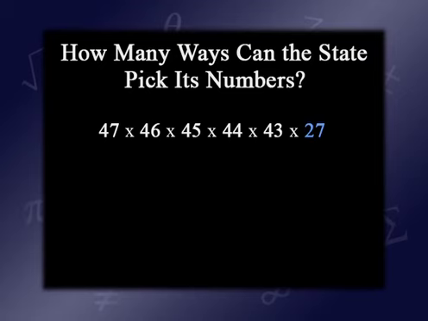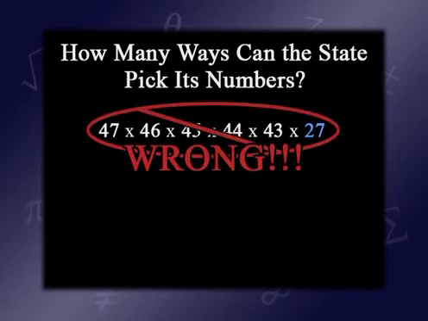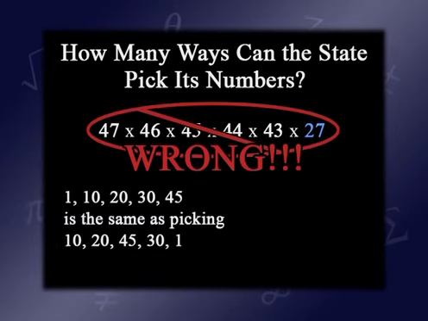So that sounds like that would be the right answer, but unfortunately, you have overcounted. That answer is wrong. Because let's say the state chose the numbers 1, 10, 20, 30, and 45. That turns out to be the same as the state picking the numbers 10, 20, 45, 30, and 1. They're the same group of 5 numbers, but you've counted them as different.